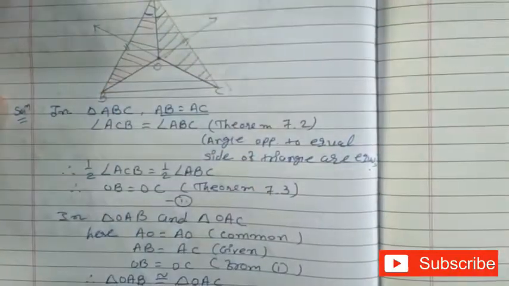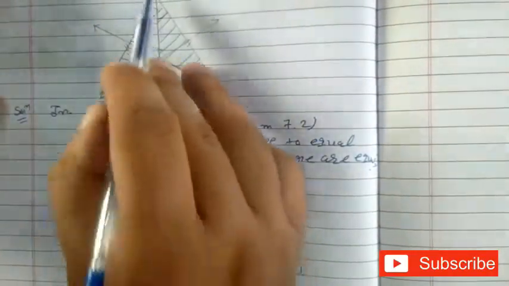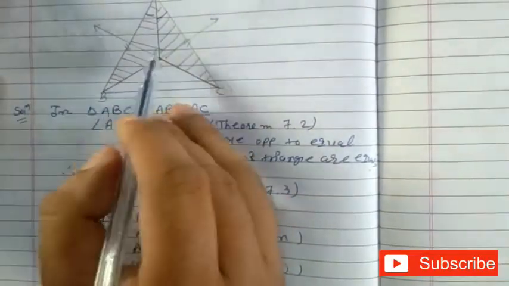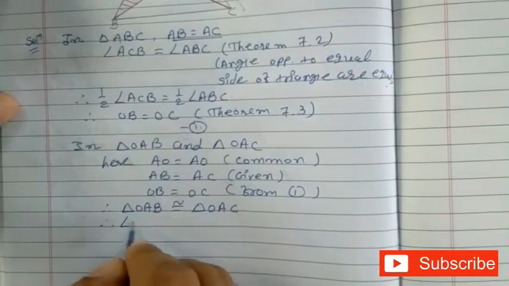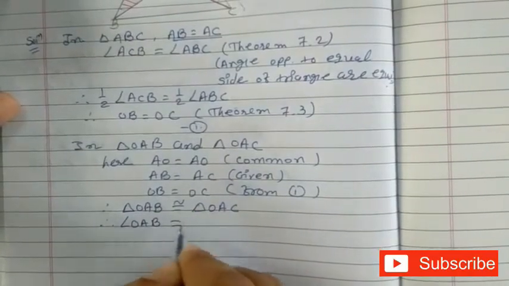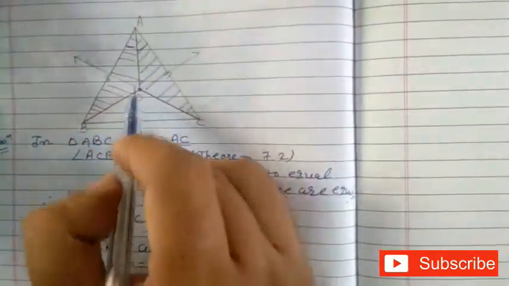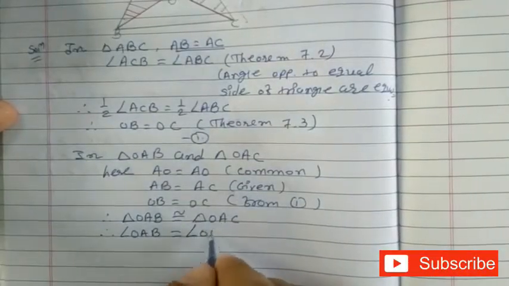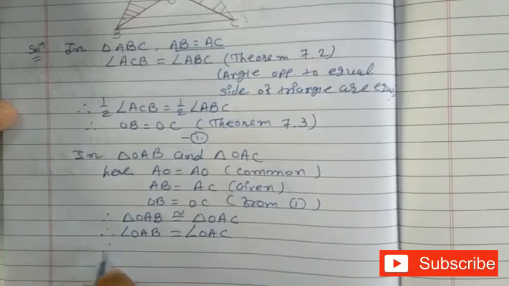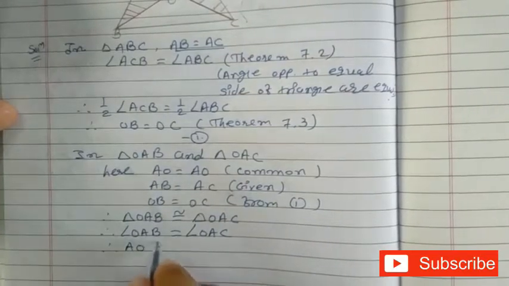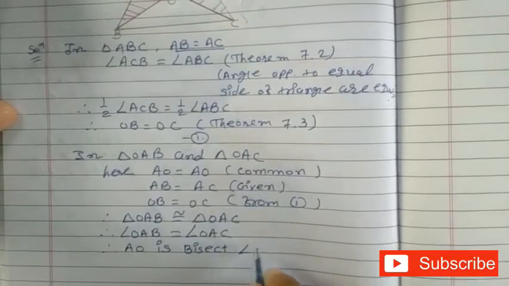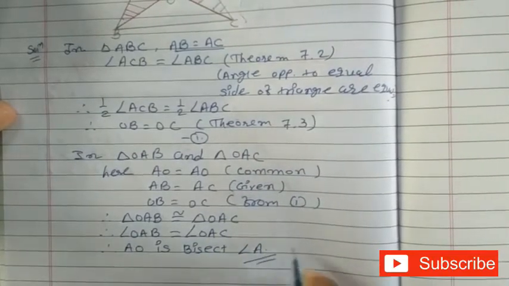Because if OAB and OAC are congruent, then angle OAB is equal to angle OAC. Therefore AO bisects angle A. So this is our second proof.